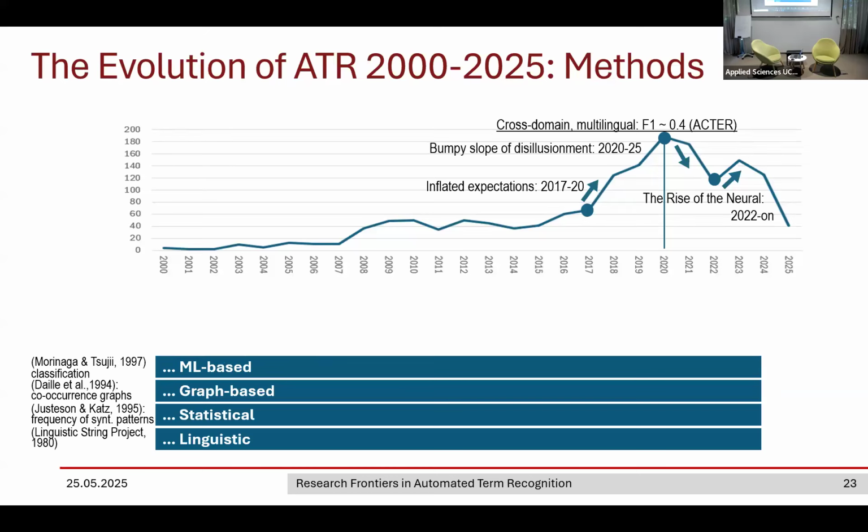Then machine learning-based methods have been proposed at the very end of the previous millennium, and mainly they've been using classical machine learning methods for solving the classification task, a term or not a term, sort of a binary classification, or which kind of term.